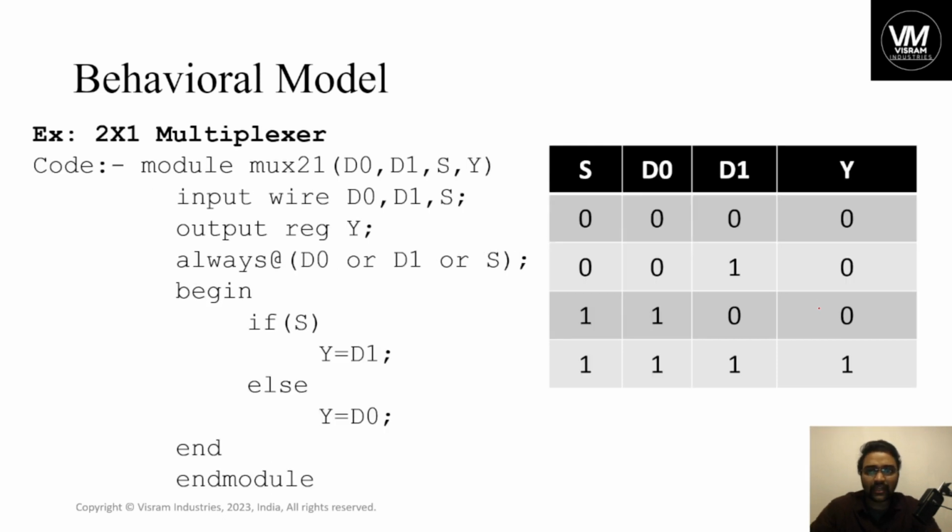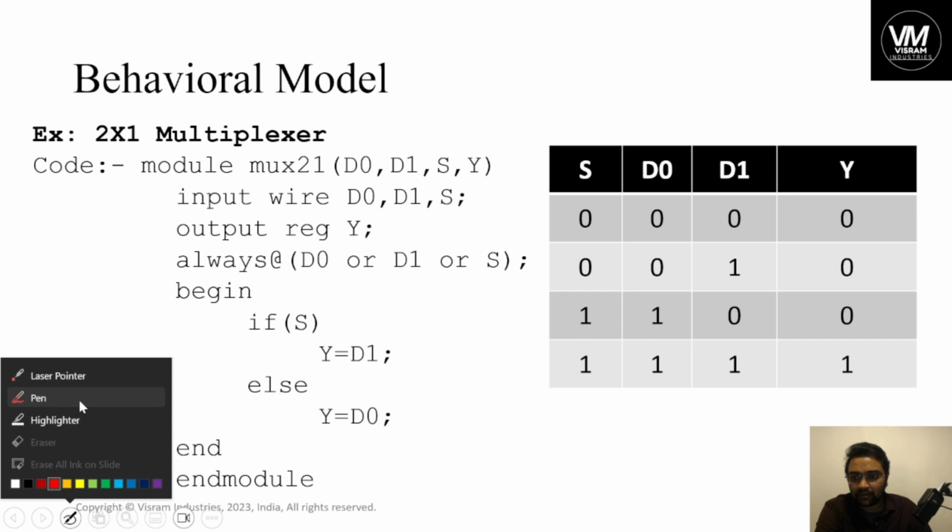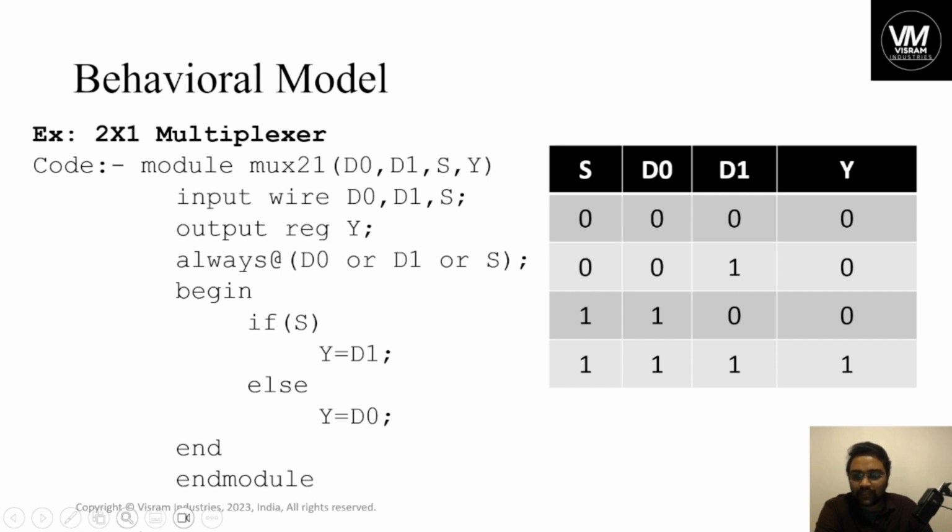So coming to Verilog HDL, how to write Verilog HDL in the behavioral model. Take the example of the truth table. Every Verilog HDL code comes with the basic things that I explained part-wise in yesterday's lecture. The first thing is you need to declare the module.